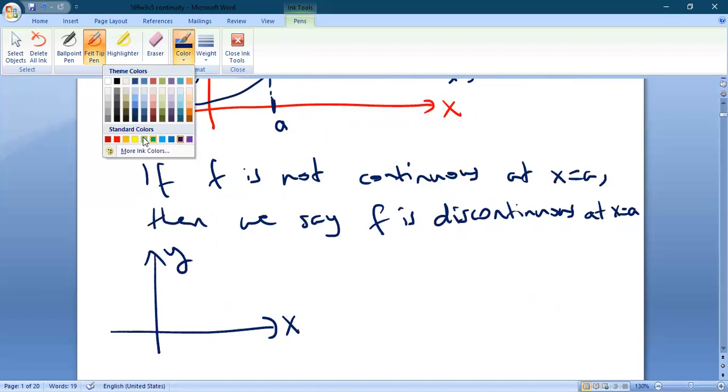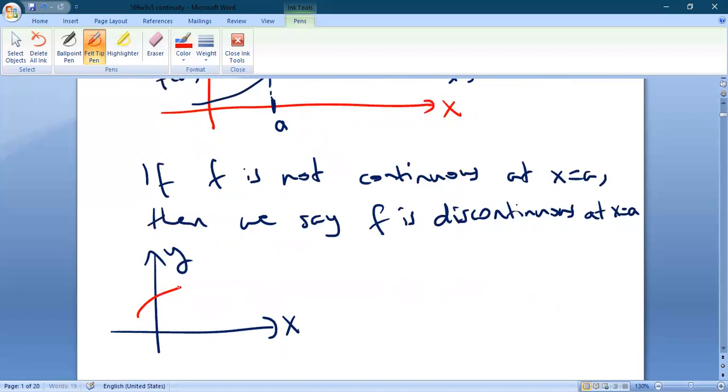Let's say we have something like this. Let's say this is all happening at 4. This is 1. Let's say this is 3. And let's say this is minus 2.